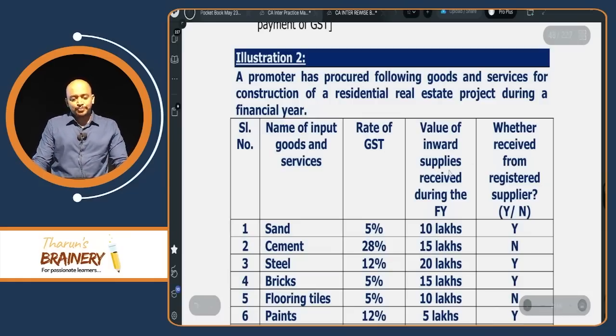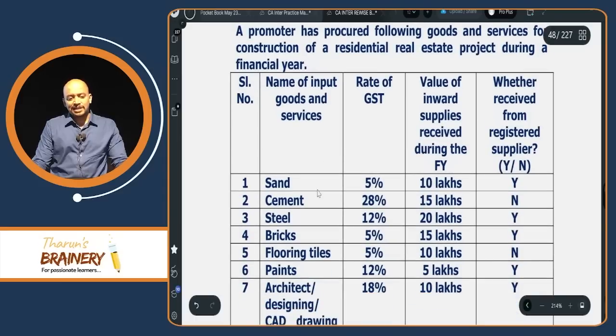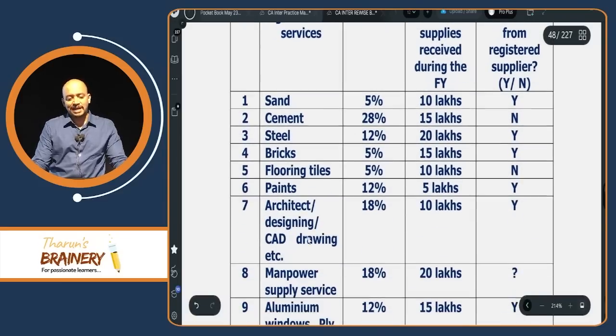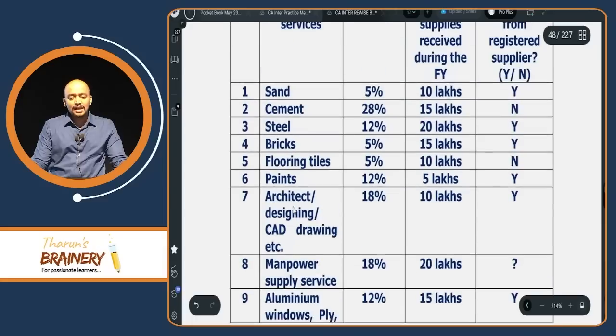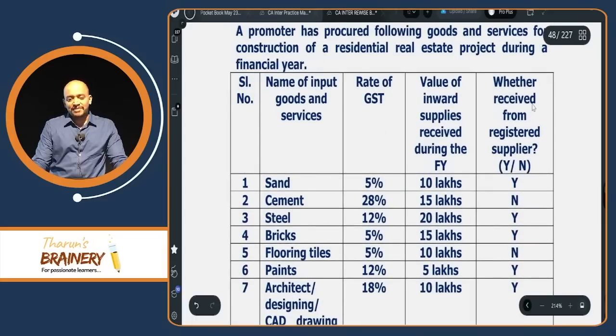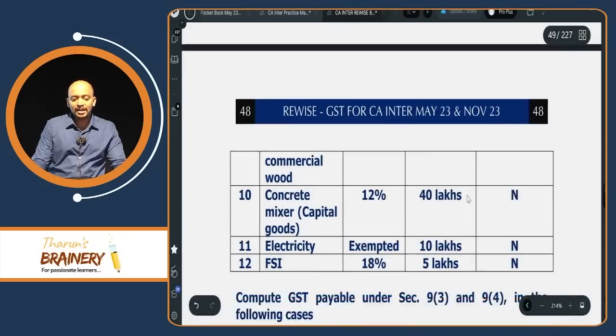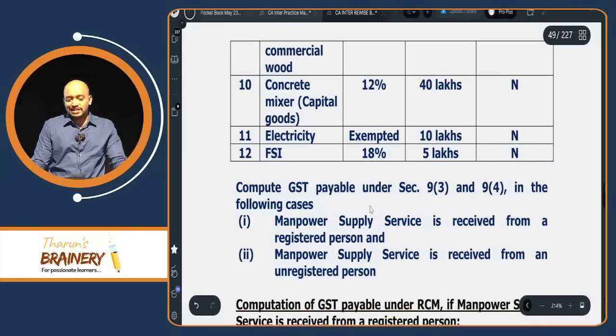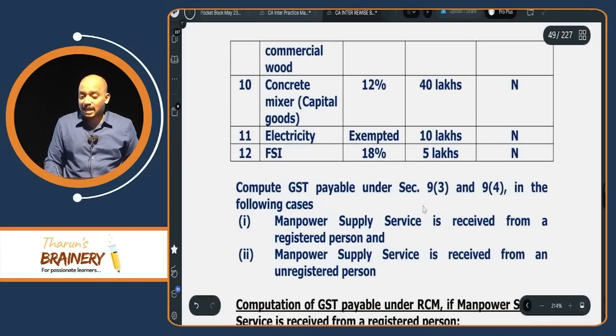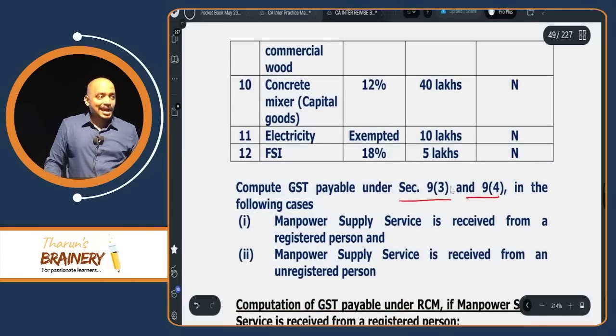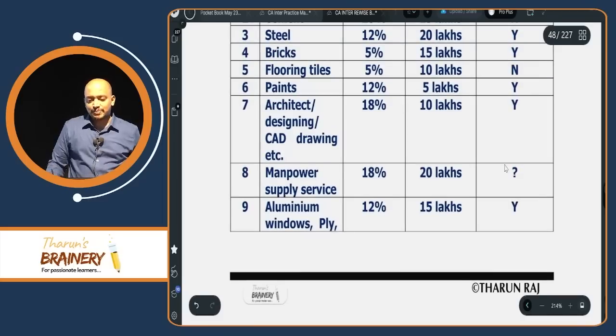Name of the inputs and input services: sand, cement, steel, bricks, flooring tiles, paints, like that. A big list is there, and the value of inward supply, whether received from a registered person or unregistered person, is given. Compute GST payable under 9(3) and 9(4). In the following case, manpower supply service is received from a registered person.